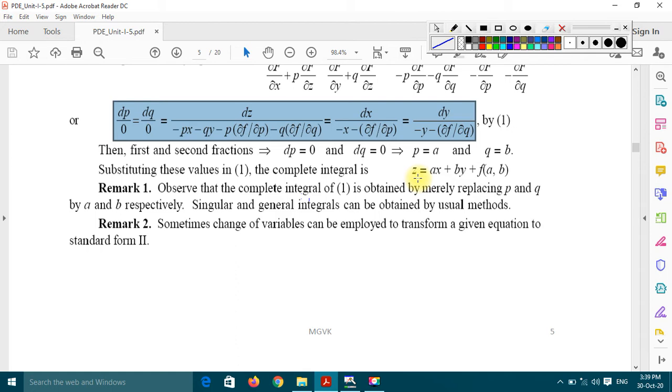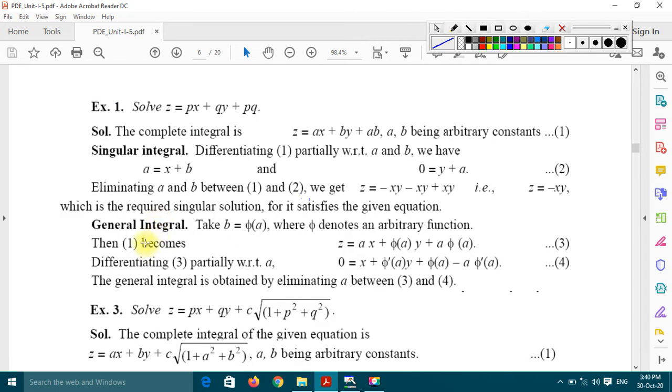This method is applicable only when z is in the form of px plus qy plus f(p,q). The singular and general integrals can be found by the usual method. Sometimes a change of variable can be employed to transform the given equation into standard form, meaning Clairaut's form.